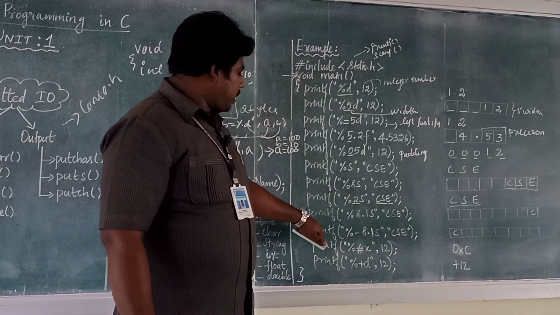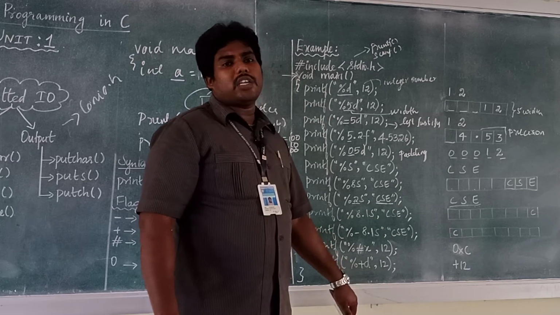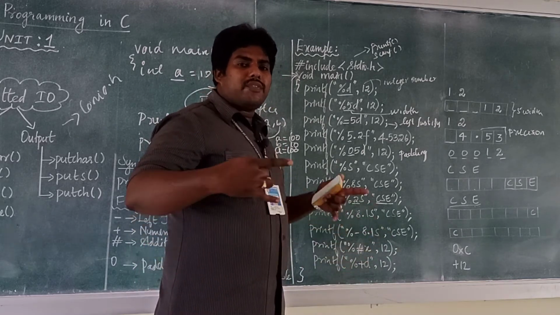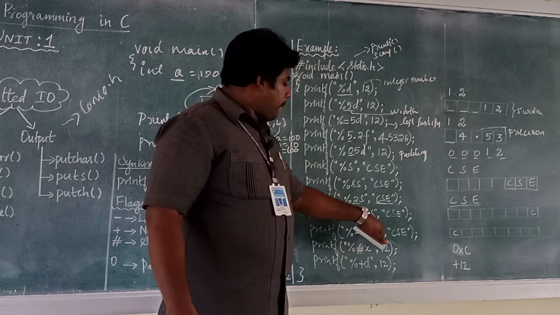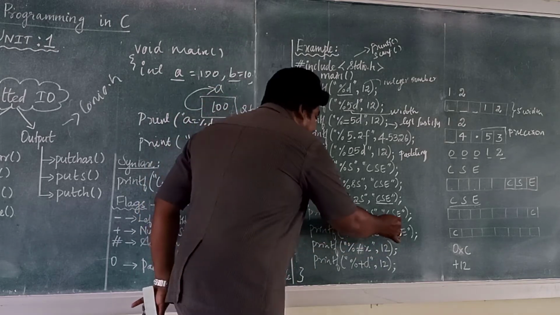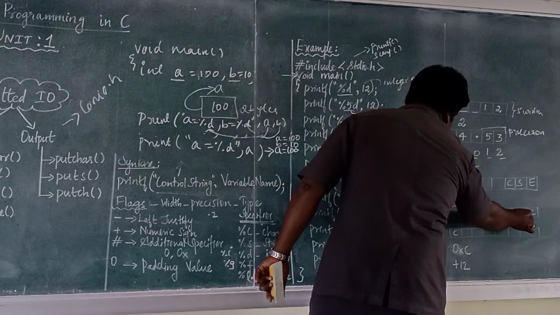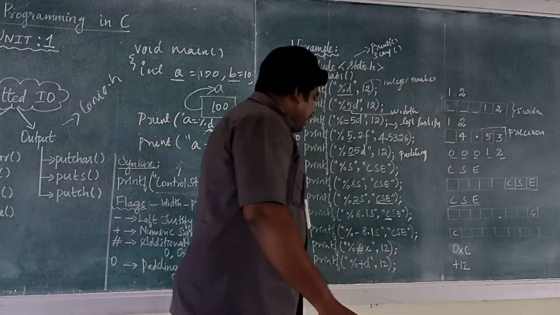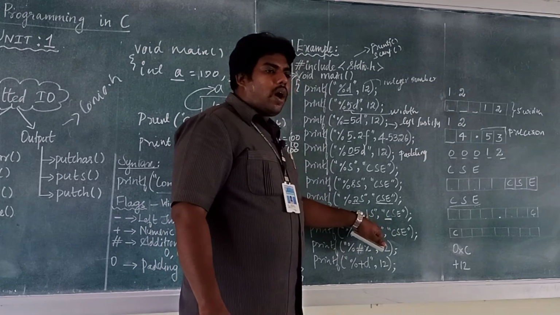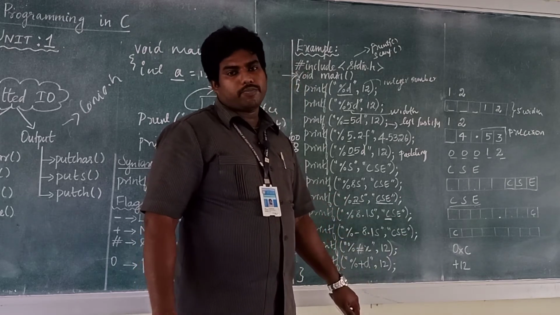Okay. The next one is percentage 8.1s. Here a string is there, but you are using 8.1. The total width of the output is 8. The .1 means only one character will be displayed from the input. So total 8: 1, 2, 3, 4, 5, 6, 7, 8. Only one character is taken from the string. After the precision, that many characters will be taken from the input.